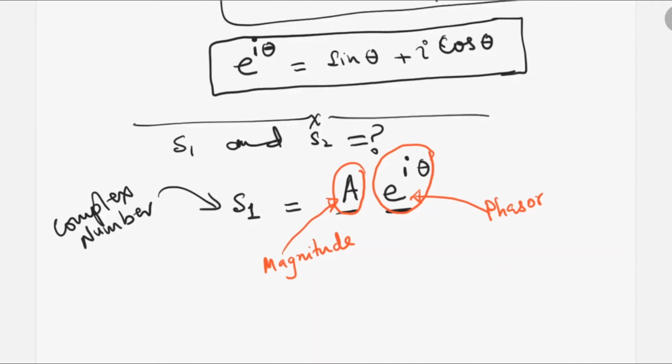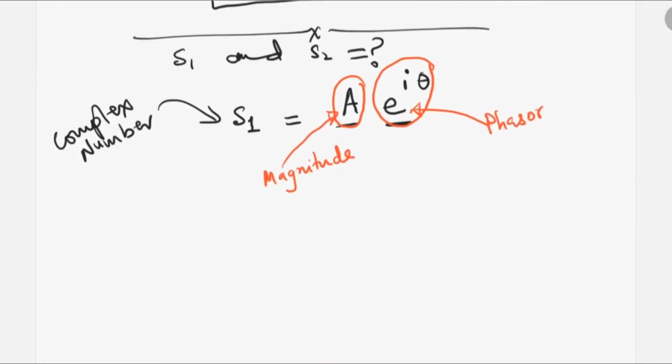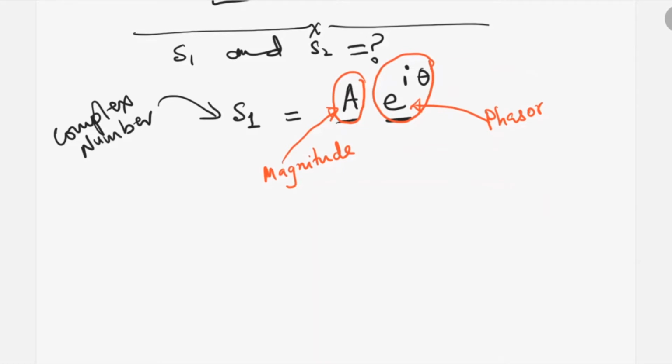So how will this phasor and this magnitude represent a complex number? Let's see how we can do that. For now, just keep this in your memory: what is A and what is e raised to the power iota theta.